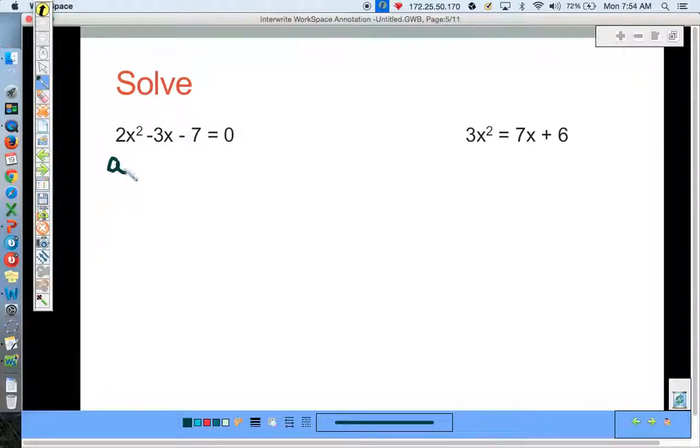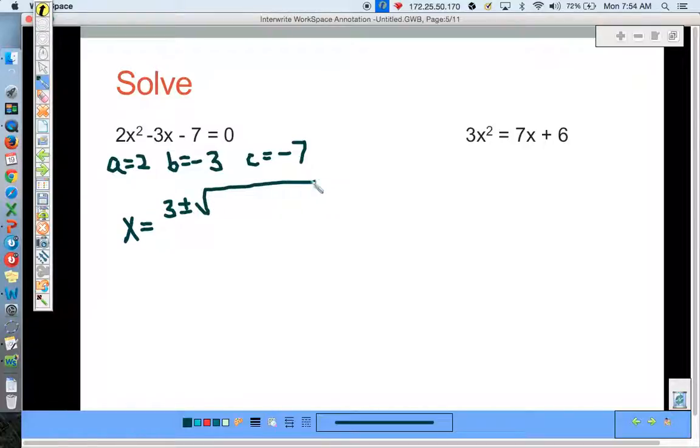So we can identify our a, our b, and our c. And now we can plug it into the formula. x equals the opposite of b plus or minus the square root b squared. And you got to remember, if it's negative, it's got to be in parentheses, minus 4 times a times c all over 2a.